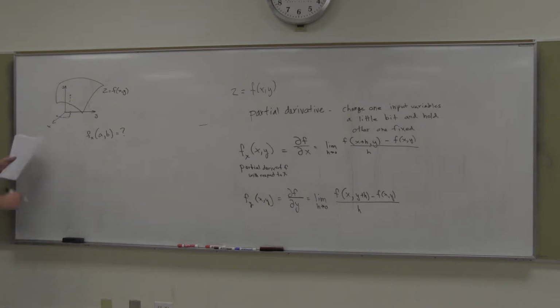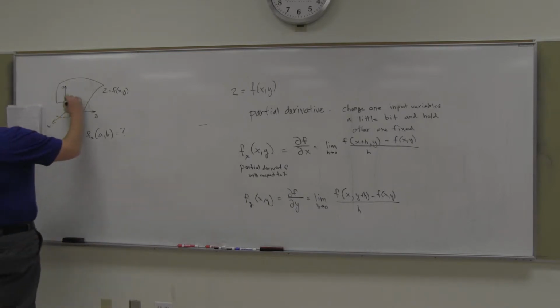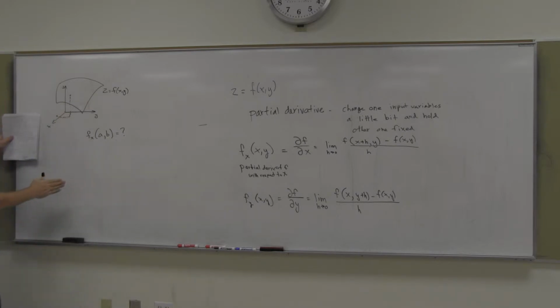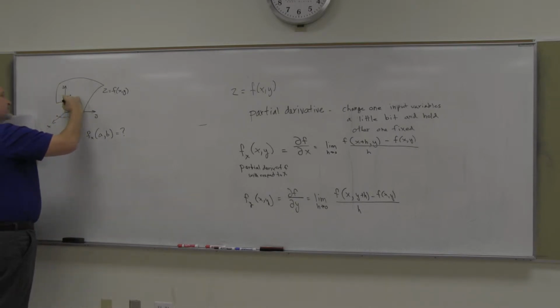Well, it turns out what it means is, let's say we cut this curve, so the y is fixed. If I slice it at y equals b, it kind of curves around like that.